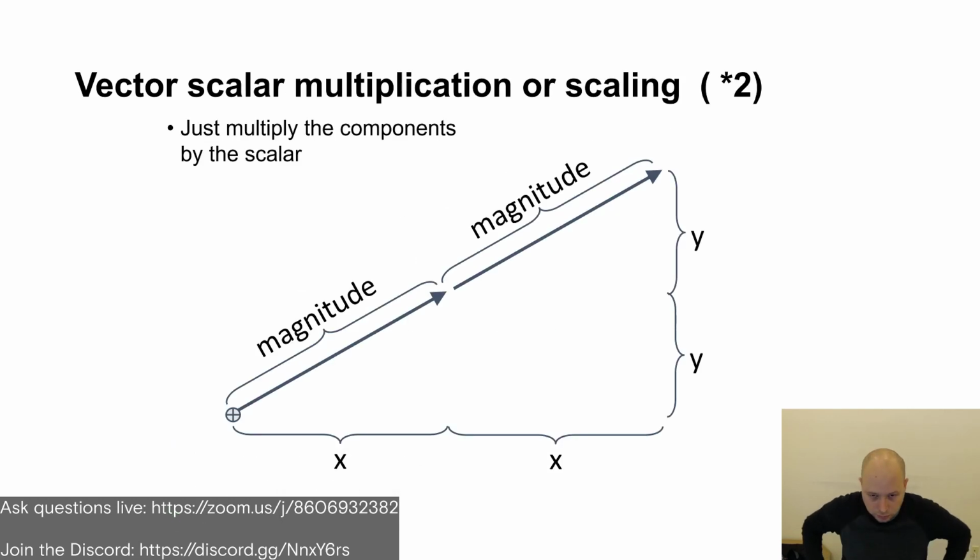So how do you multiply a vector? And I want to really make it clear that we're not multiplying two vectors. We're multiplying one vector by a scalar number, a scalar number being part of that real number set. So it's like 5 times a vector, or 3 times a vector, or -3 times a vector.